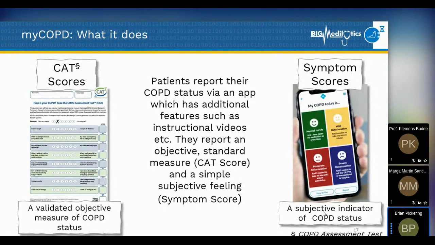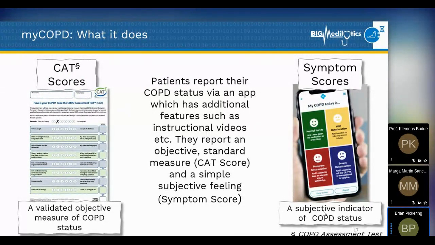And as you'll see, there are 8 simple questions asking people to rate how they feel on a particular day. That produces a cumulative score which correlates to the physical state of the patient.